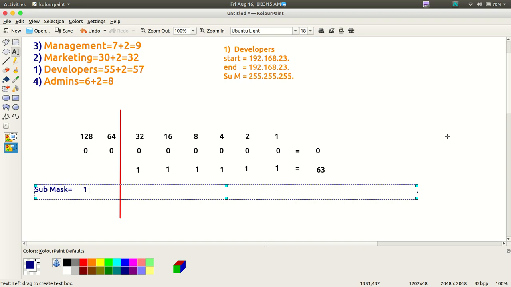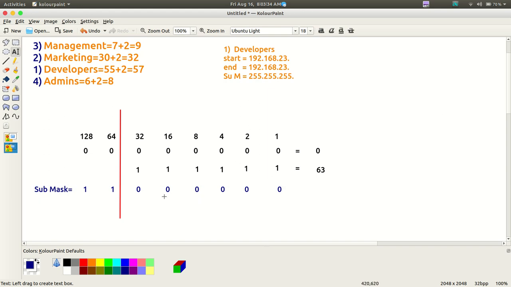It will be 1 over here, 1 over here, and the rest 0 follows. After the line, everything is 0. So remember, always in a subnet mask, 1 represents your network, 0 represents your host. Okay, and before the line, the network always remains the same, host portion changes, right?